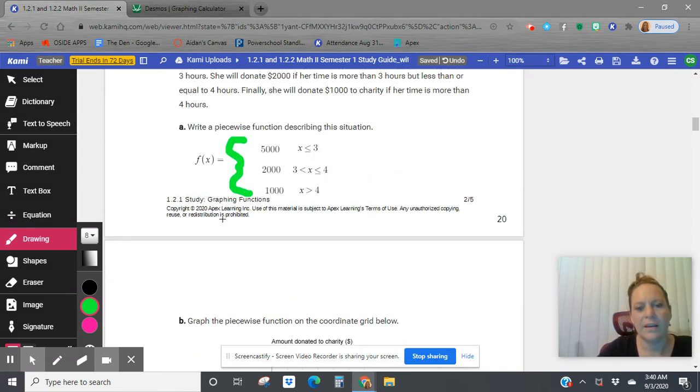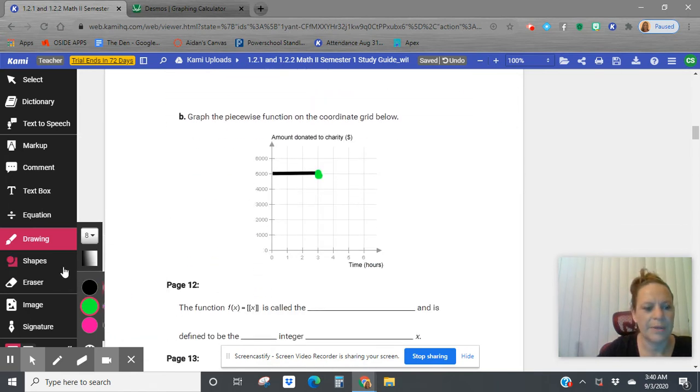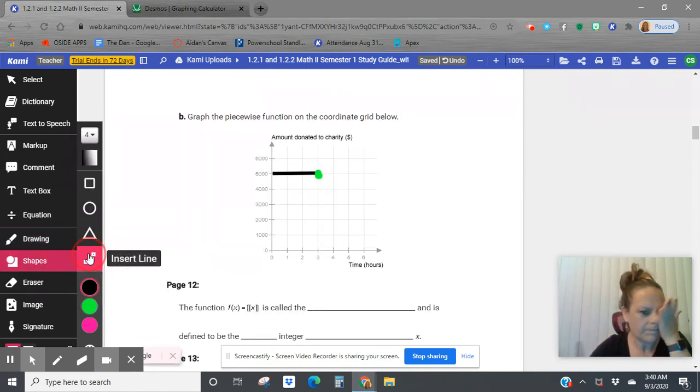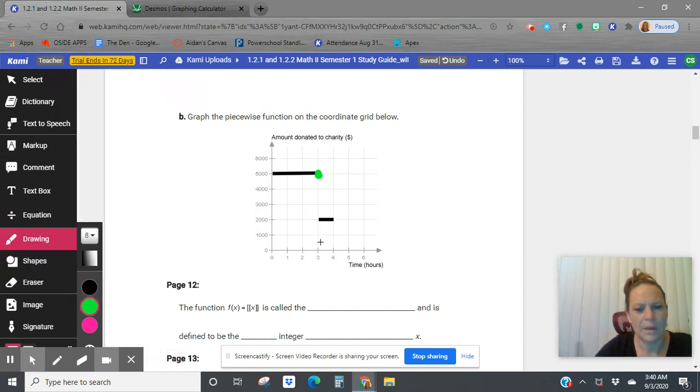And then the next part is $2,000 from 3 to 4. So I'm going to go grab my shapes again and go from 3 to 4. So for this one, this is going to be an open dot.